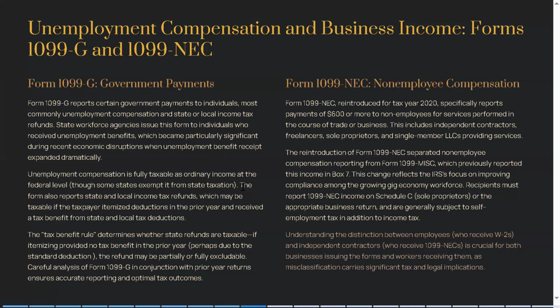And then the other use of the 1099-G is for state income tax refunds. Those can be taxable, depending on whether the person itemized deductions in the prior year or received a tax benefit from state and local tax deductions.